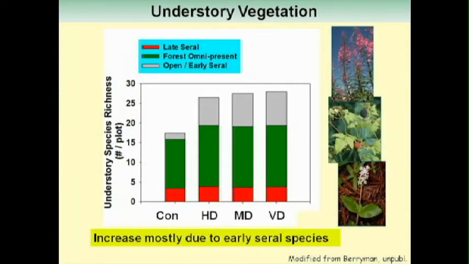Another component I want to bring out, if we go from cover to species composition, is who really benefits from thinning. If you look at this, again the control versus various thinning treatments, it's that gray box up here. It's the early seral vegetation: the grasses, even some of the thistles, those kinds of species that clearly kick in.